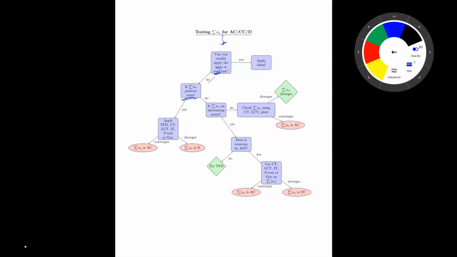On 3D, on number 11, I start asking the second question: does 2n over n squared minus 1 converge or diverge? That's the positive term case. It means no negative 1 to the n, and there's nothing alternating, no hidden negative 1 to the n. These are old converge or diverge questions.